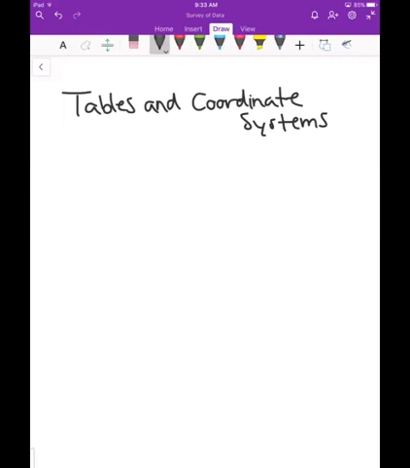So there's a standard here. For tables, the explanatory variable will always go on the left, and the response variable will always go on the right. And then we can list out a bunch of ordered pairs in this table. We'll see an example of that here in a second.